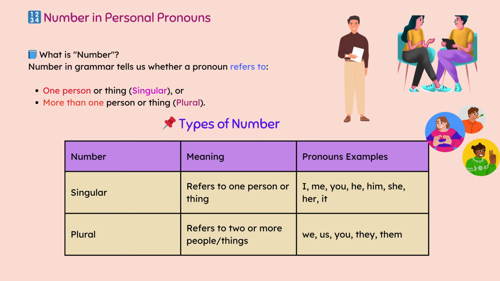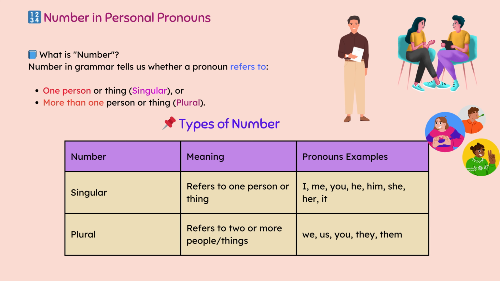Now let's talk about number in personal pronouns. In grammar, number simply means is the pronoun referring to one person or thing or more than one. We have two types of number. Singular. This means the pronoun refers to just one person or thing. Examples include I, me, you, he, him, she, her, it. For example, she is happy.